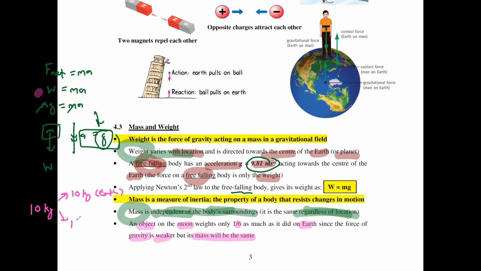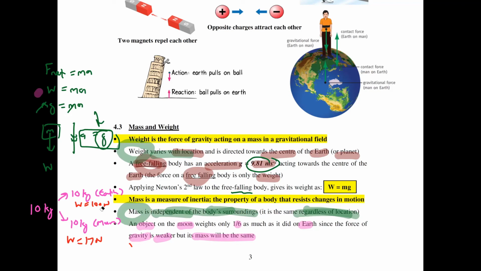It will also be 10 kg on the moon. But if its weight is, say, 100 Newton on Earth, its weight will be different on the moon. It's 1/6 of that. 1/6 of 100 will give you about 17 Newton.